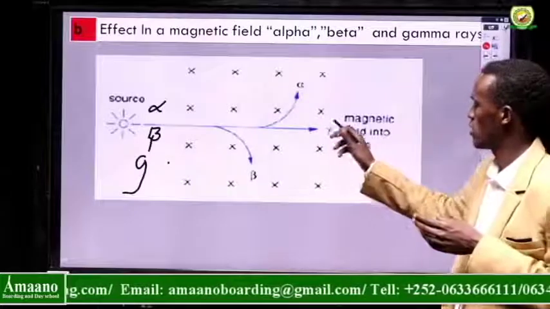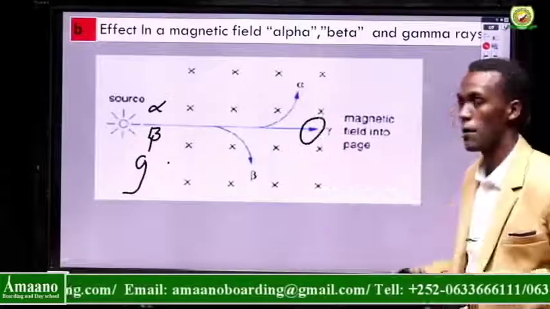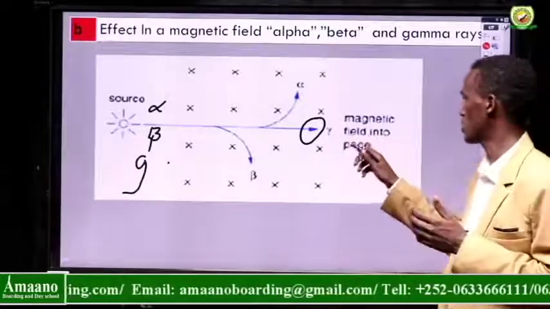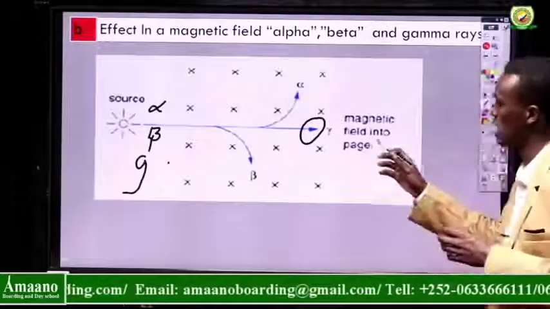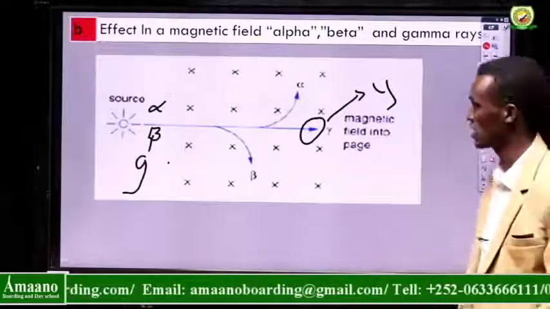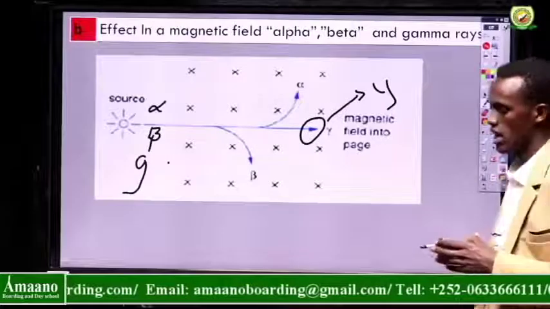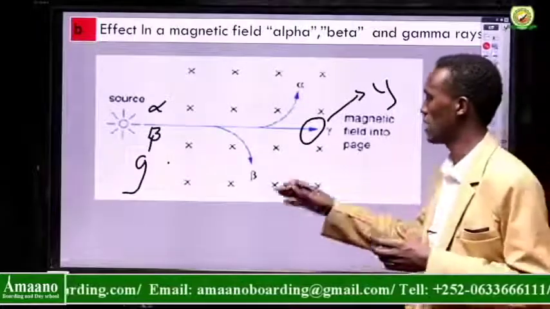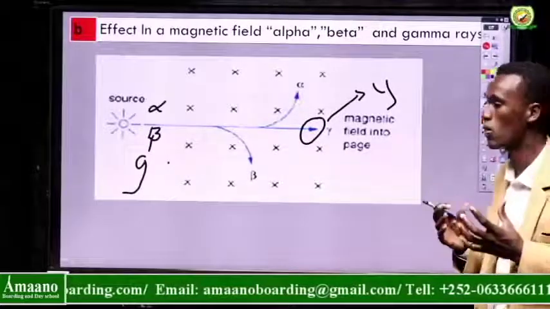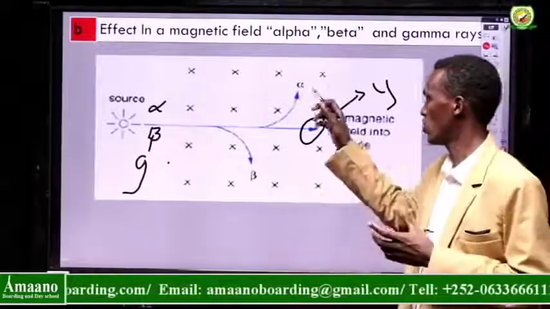So gamma has no charge and it is undeflected. Gamma is undeflected inside the magnetic field and electric field, but beta and alpha are deflected by the magnetic field. How can we determine if this is an alpha or a beta?